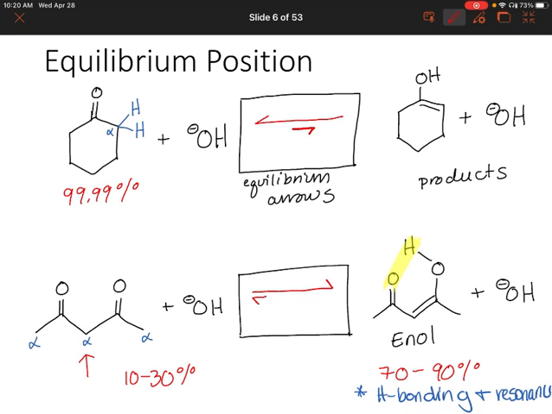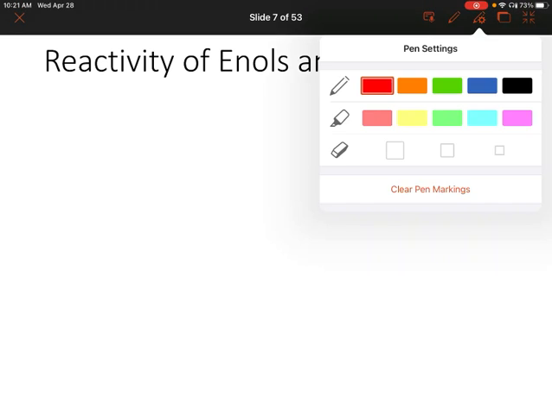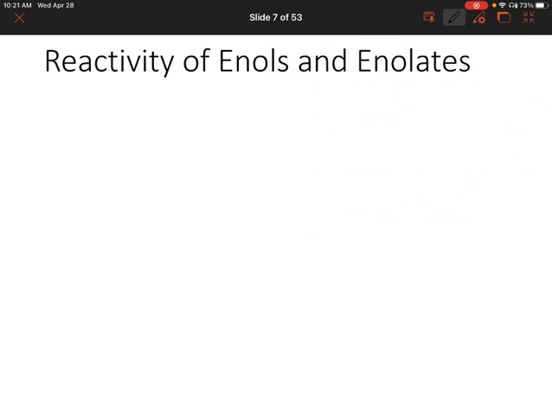Okay. So now what we're going to talk about in our next few lecture videos is the reactivity of enols and enolates and the types of reactions that we can perform at the alpha carbon position. So let's look at an enolate.